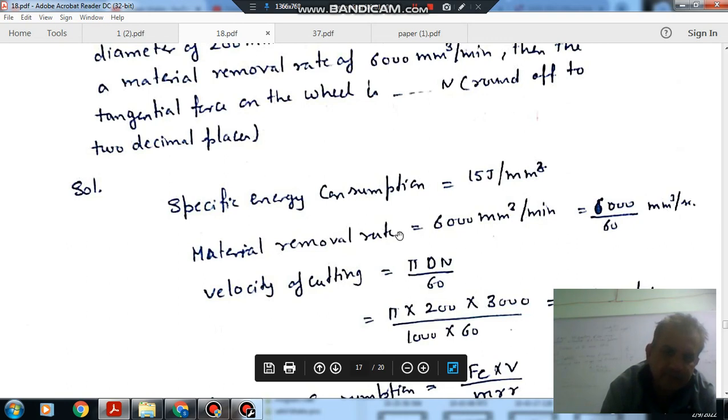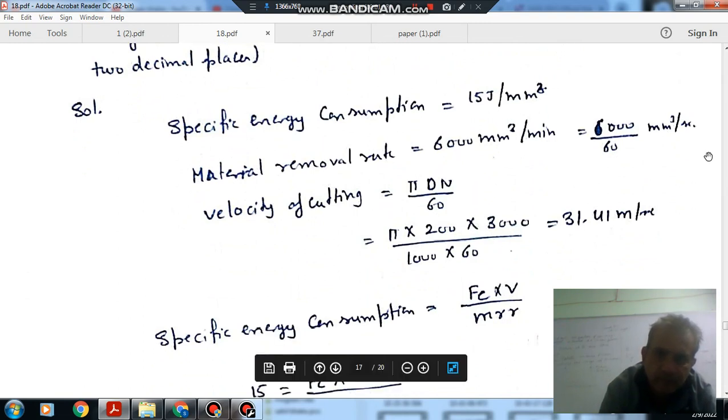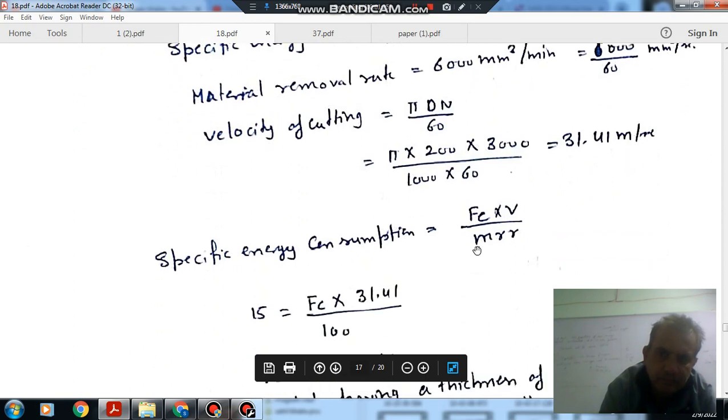So these are the data given, and specific energy consumption is nothing but Fc into V divided by metal removal rate. Fc is the cutting force, V is this quantity, and MRR is this.